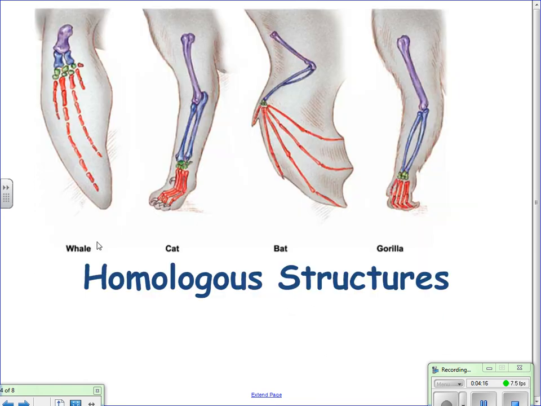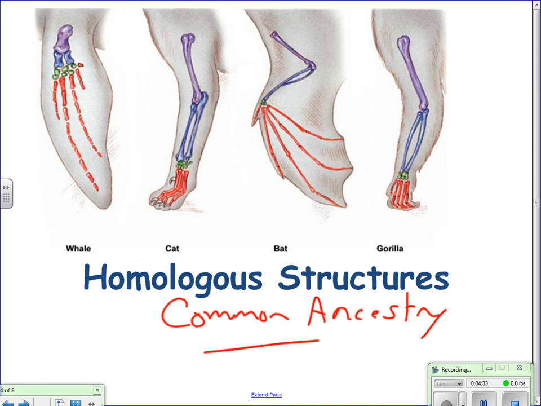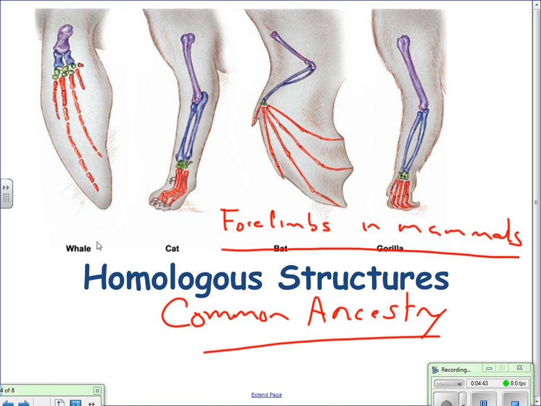Homologous structures are another example of support for evolution. Homologous structures are structures that are descended from common ancestry. So for example, if we look at the forelimbs in mammals, we can see that the bone structure is very similar.